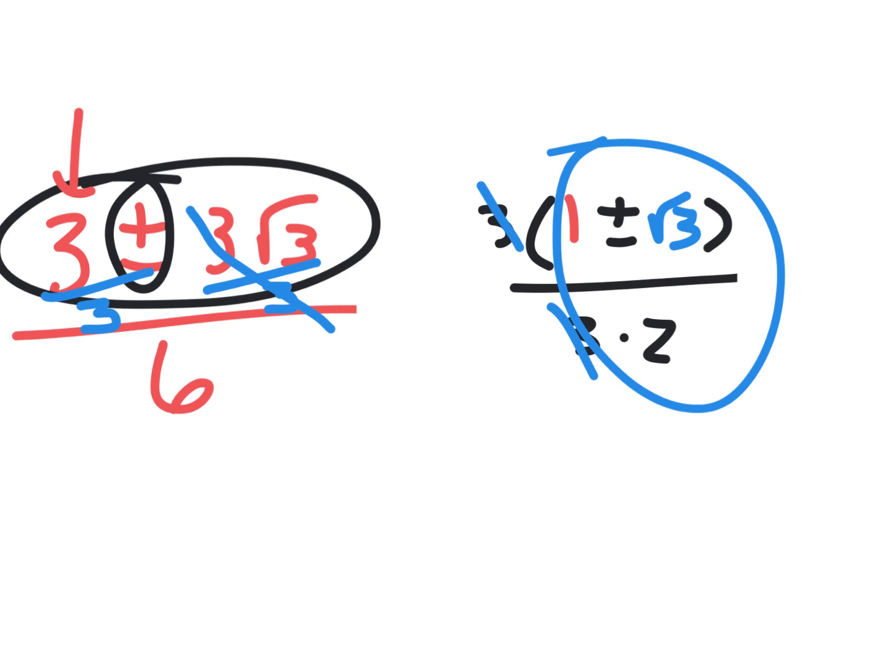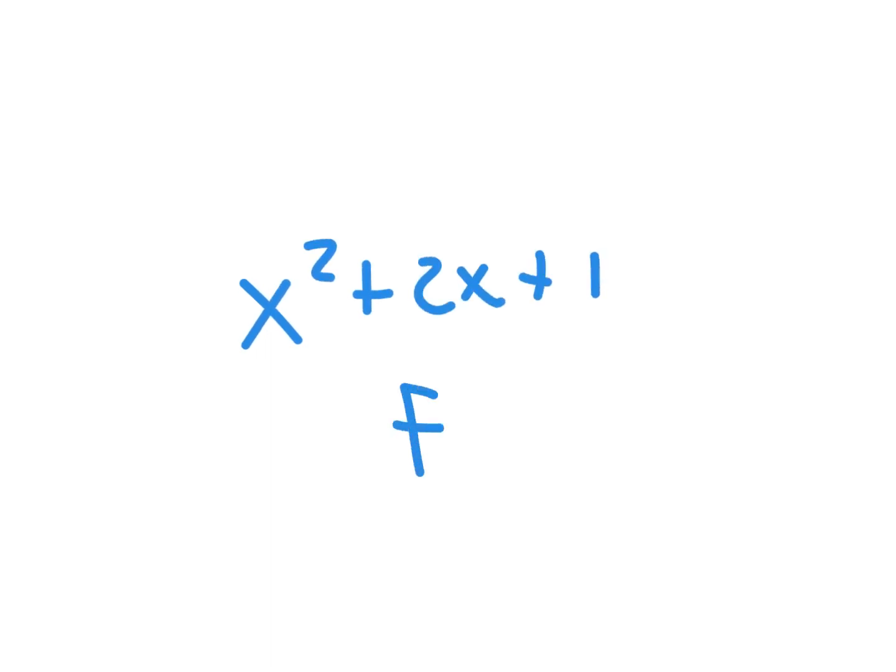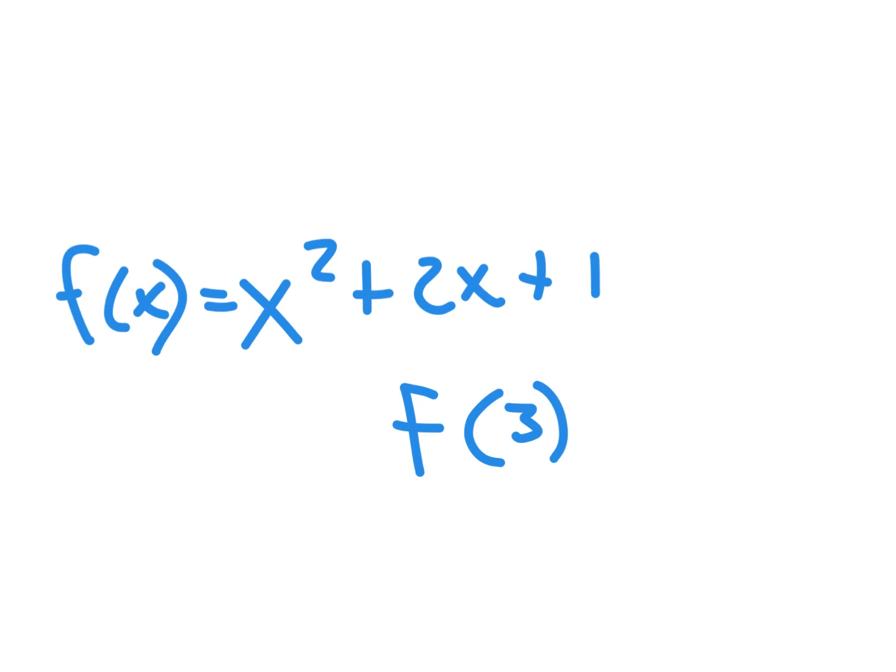Cool. Now, I have one more easy thing I want to help you with, and then we'll see if you can figure out the rest of it. If I give you an equation like x squared plus 2x plus 1, and then I said, I want f of 3, this is f of x, didn't I just tell you to stick in 3? Isn't that what this means?